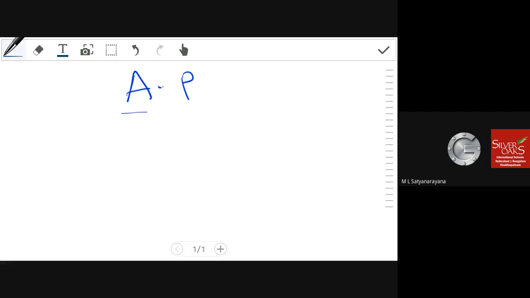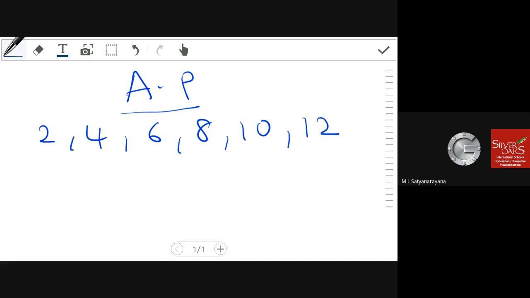What is arithmetic progression? Let's take a small sequence: 2, 4, 6, 8, 10, 12. The first thing we learn in 10th class is, if you see the first term and the second term, the difference is 2, like I told you before. Even the second and the third term differ by 2. Now, assume the first term is a1, we are getting 2. The difference is 2.